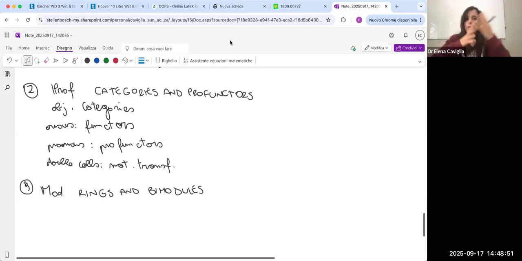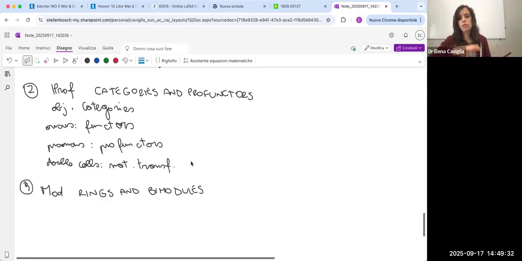But if you enlarge your universe enough, you can construct a category of categories such that Cat is an object of that category of categories. So it's just an issue of size. I don't know if this makes sense, but you usually write a big Cat, meaning that you are not restricting to small categories.